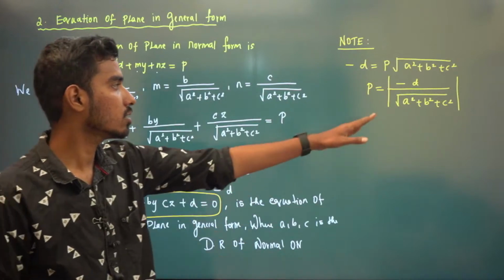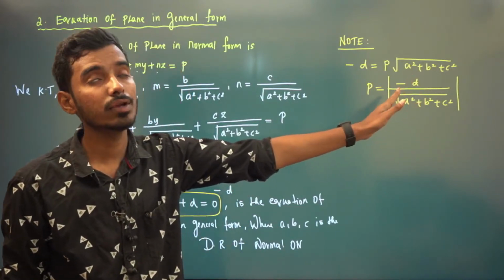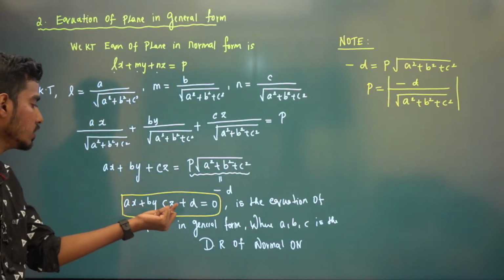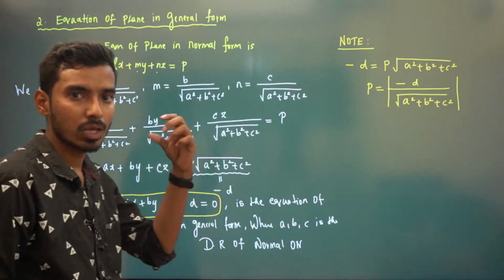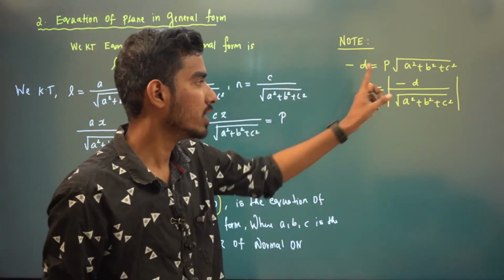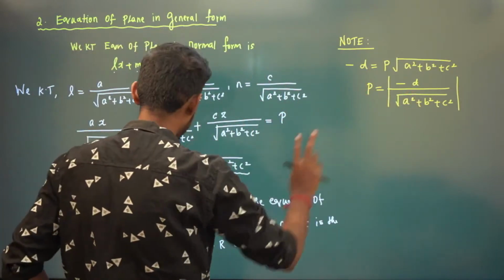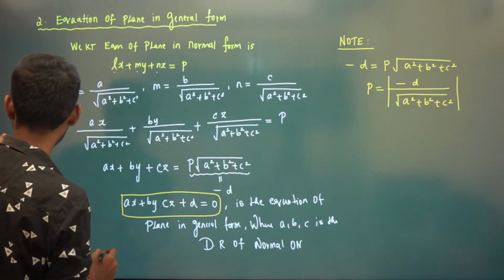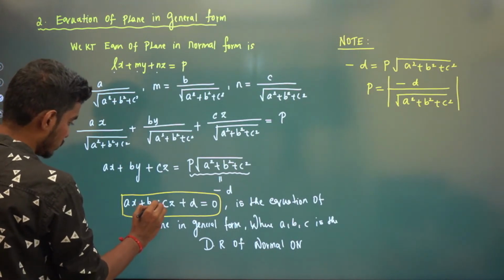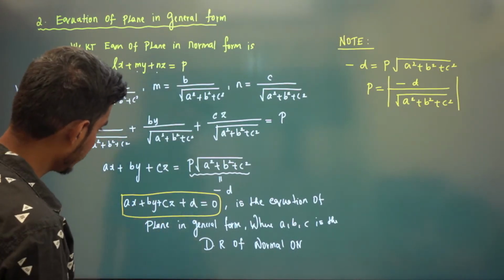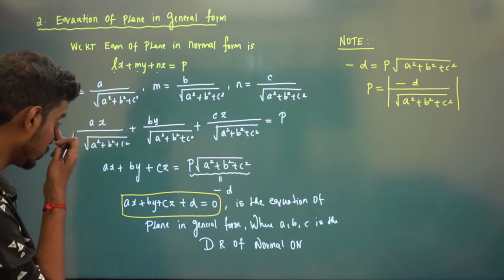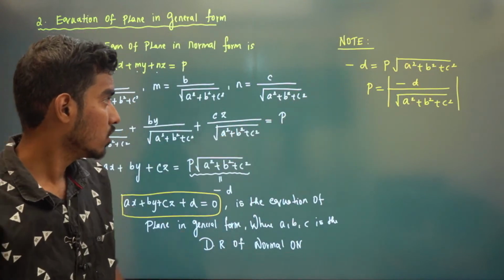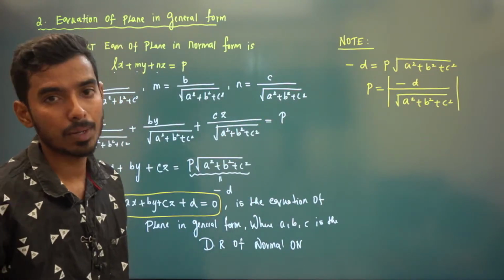This formula will help you to find the length of the perpendicular. Given AX plus BY plus CZ plus D is equal to 0, we already know A, B, C, and we already know D. So just make use of this and you can find the length of the perpendicular.